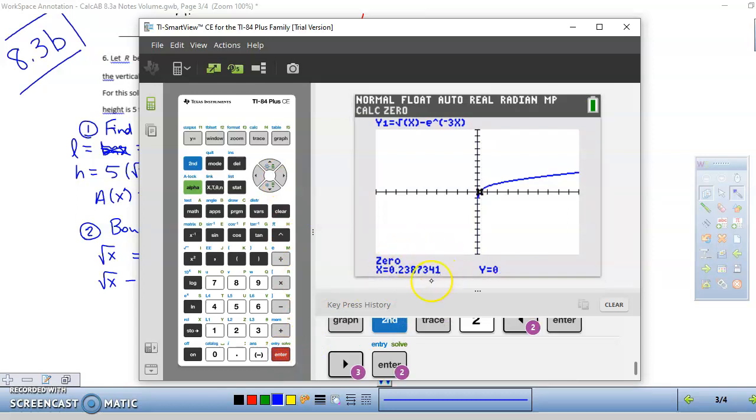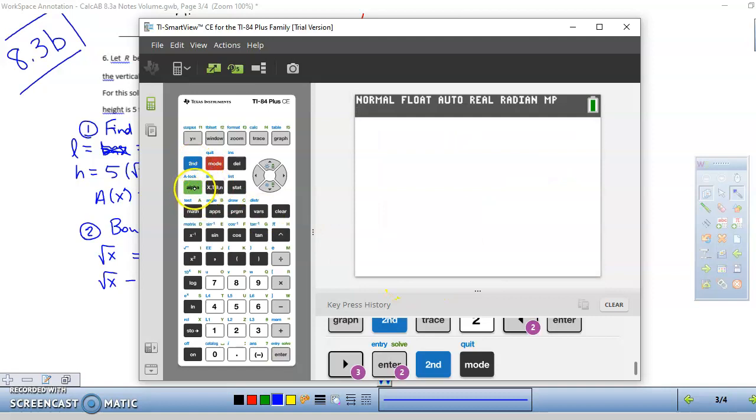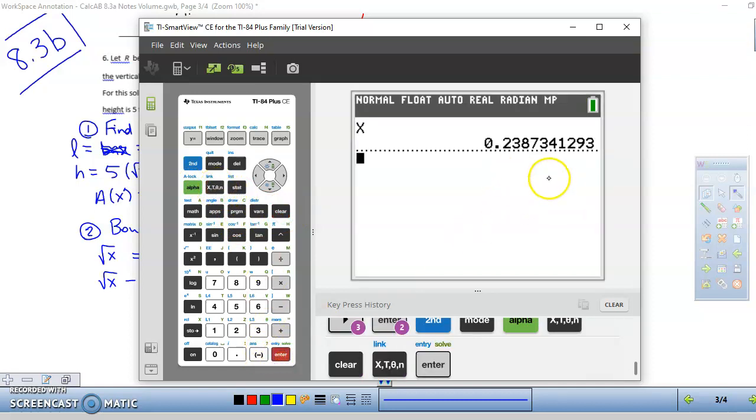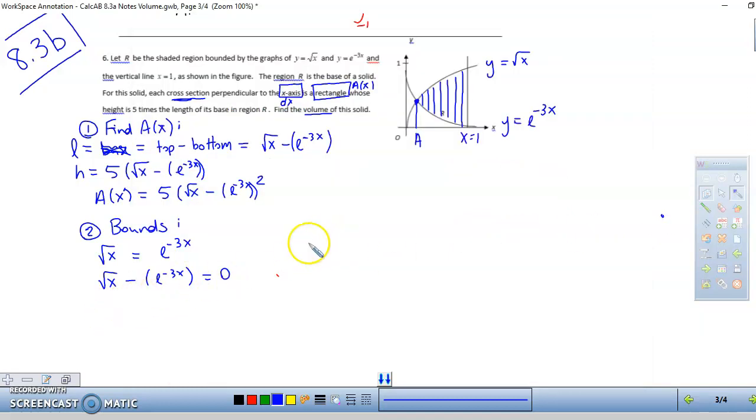So here is the x value for the intersection. I'm going to make sure on my main screen that is what's in there. I'm going to write that down. I'm going to let A equal 0.238734.